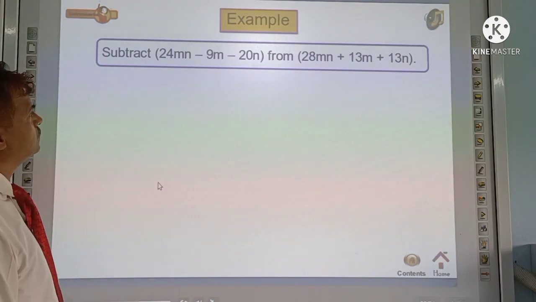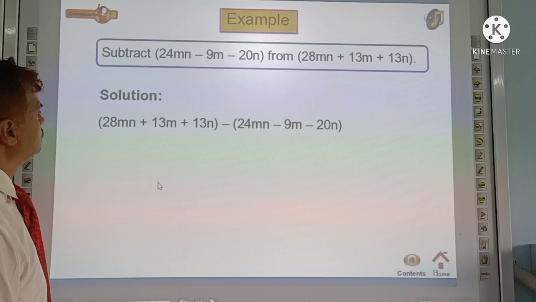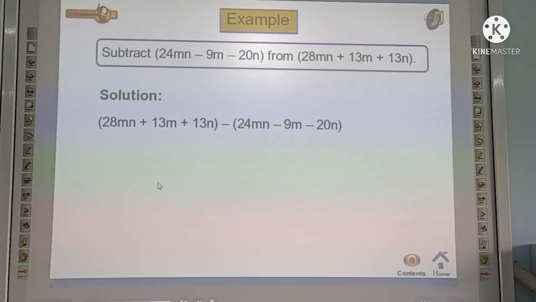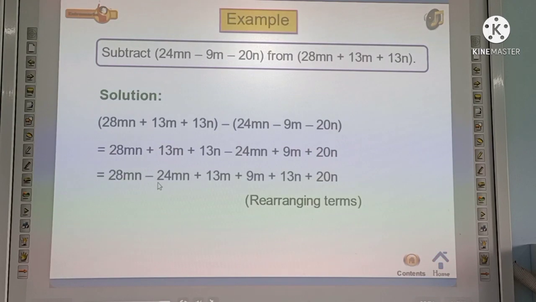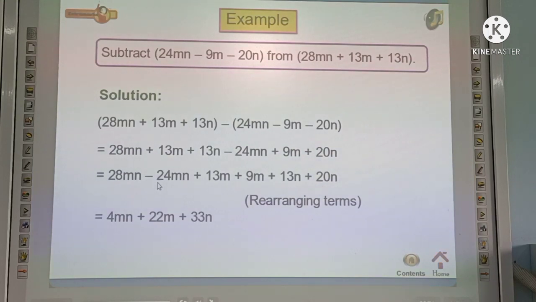To solve this, we will first remove the brackets. Then we will rearrange the terms and put the like terms together. Now by adding or subtracting the like terms, the final difference is obtained. Therefore, the required difference is 4mn plus 22m plus 33n.